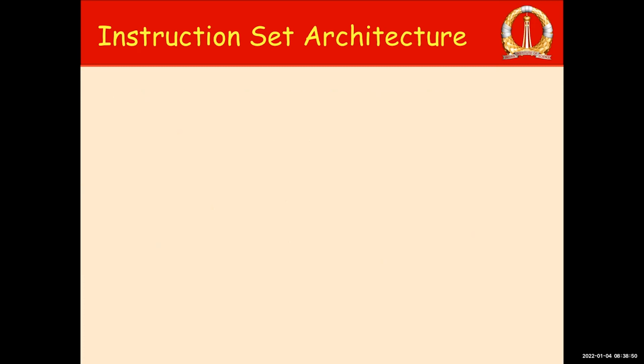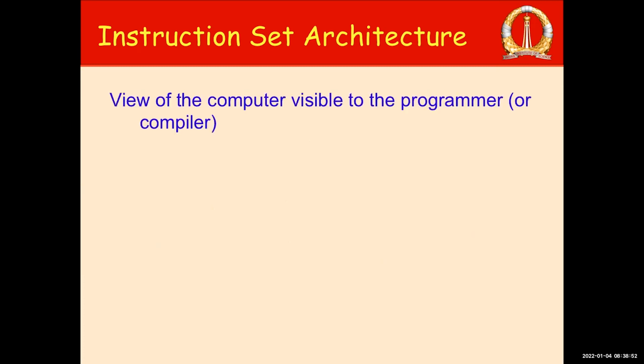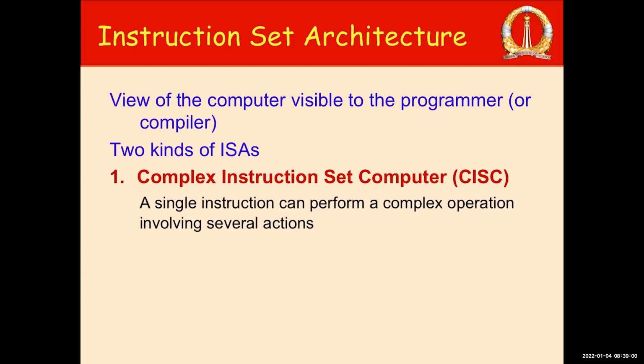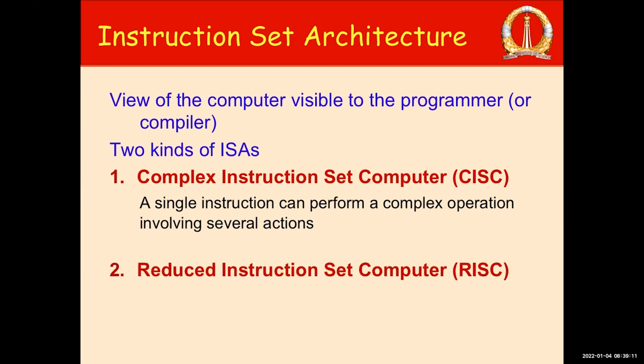Now when we talk about instruction set architecture, there are two kinds. One is what is called the complex instruction set computers, in which individual instructions are complex to perform, and can perform a complex task. As opposed to this, in the reduced instruction set computer, each instruction can perform only a simple task.